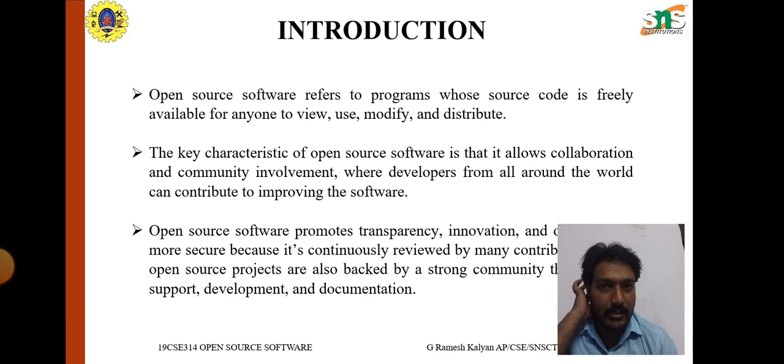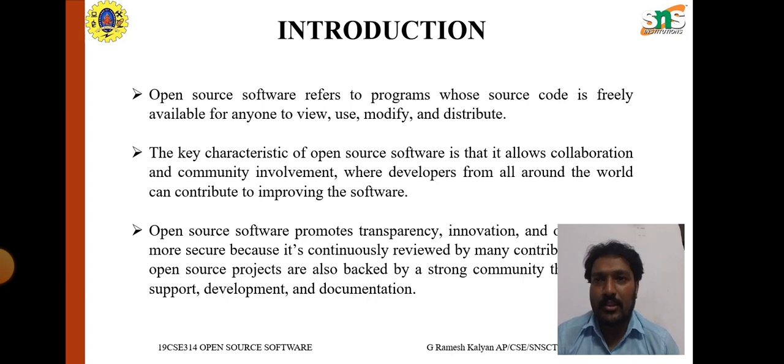Only they have the rights to edit these versions or the source code freely. An individual cannot do it on their own. Only a group or software community can edit or modify the source code of open source software.